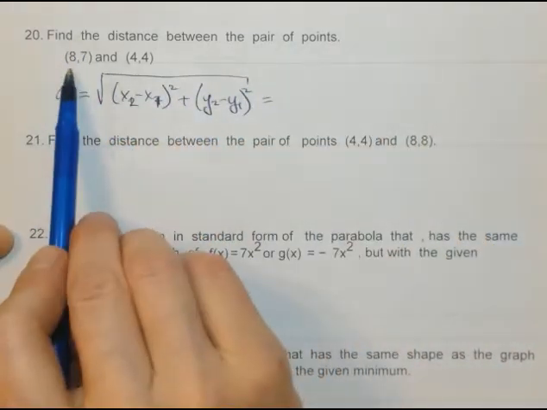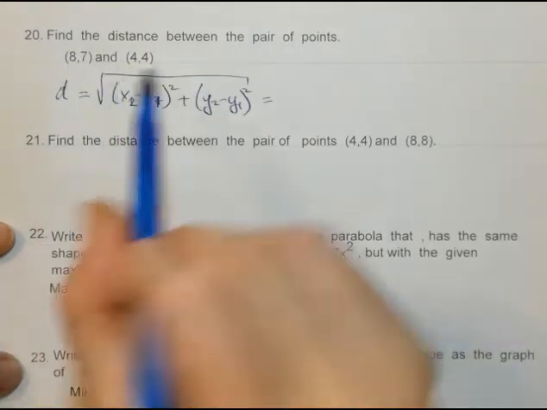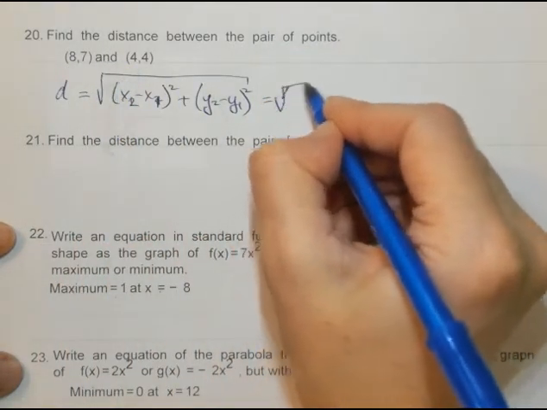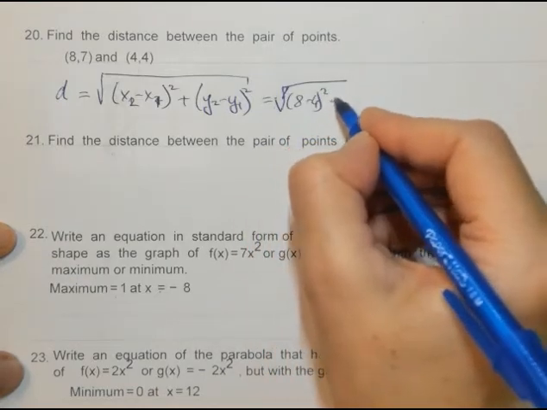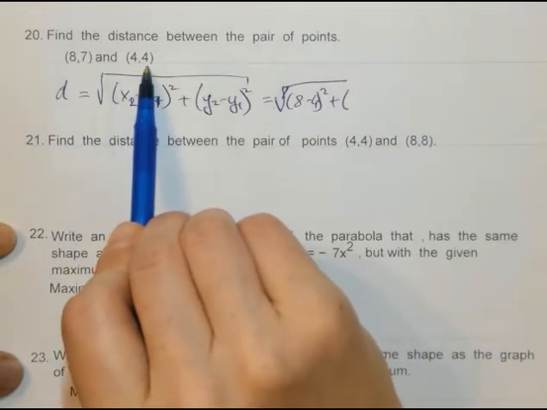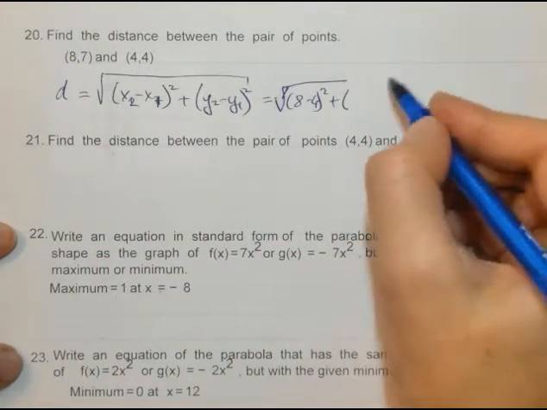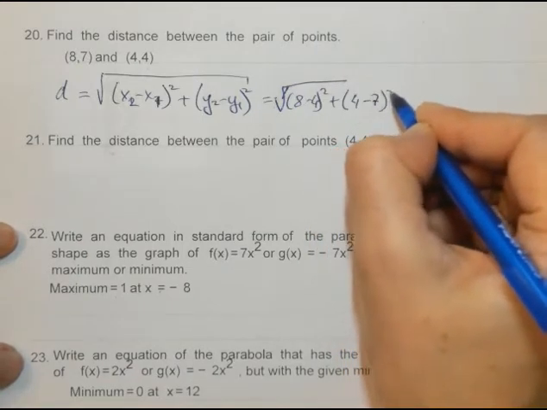So the difference of x components is 8 minus 4, so the square root of (8 minus 4) squared plus the difference of y components, 7 minus 4 or 4 minus 7, it doesn't matter, let's write (4 minus 7) squared.